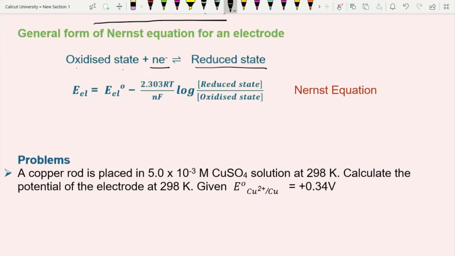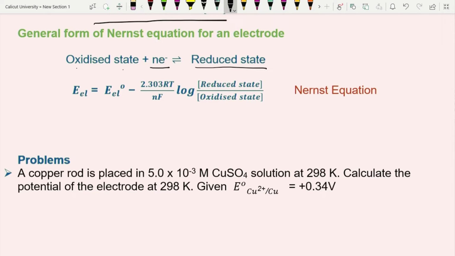Now, here E of electrode is equal to E naught of electrode minus 2.303 RT by nF log molar concentration of the reduced state divided by molar concentration of the oxidized state. If you have noted, it is just like when you are calculating the equilibrium constant, where we take the product of concentrations of the products divided by the product of concentrations of the reactants.